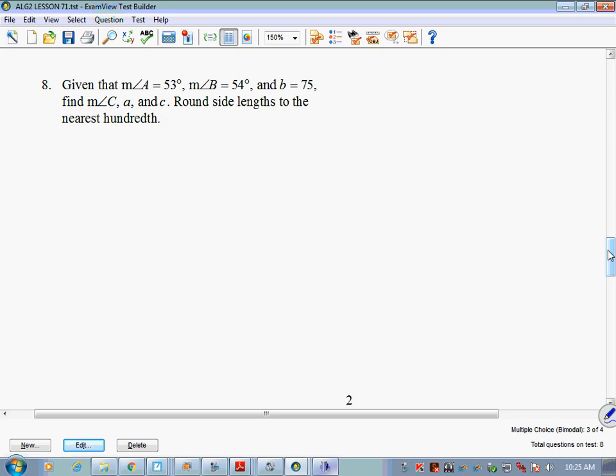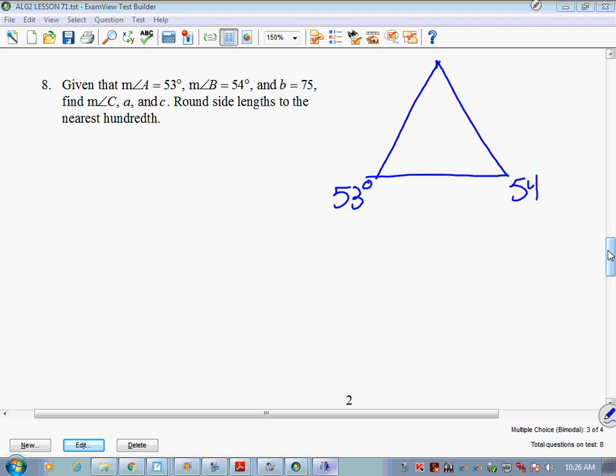So what do I need to start off by doing? Drawing a triangle. Let's see, Mr. Lopez, where do you want your 53 degrees at? Bottom left, 53 degrees. Okay, where do you want your 54 degrees at? Bottom right. Okay, where does 75 have to go?